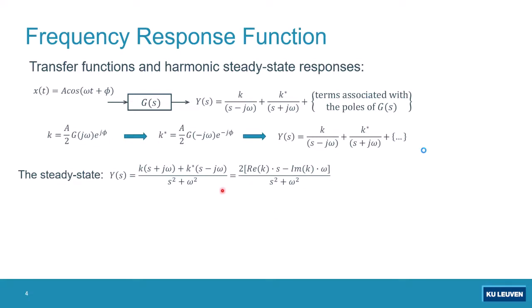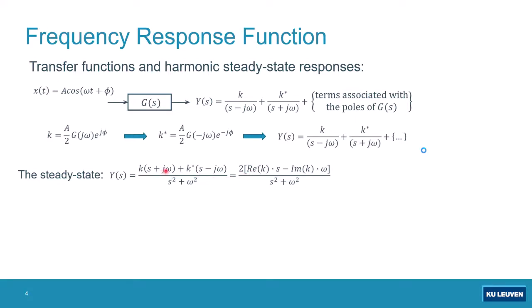Remember again here, k appears in a complex form. When I lump s with s, I will get 2 times the real part of k times s, because k plus k star is basically 2 times the real part of k.